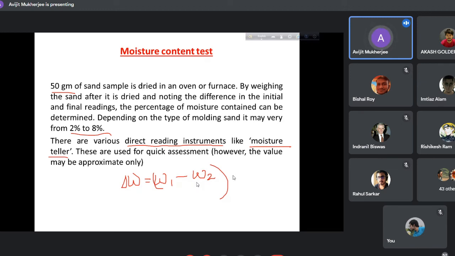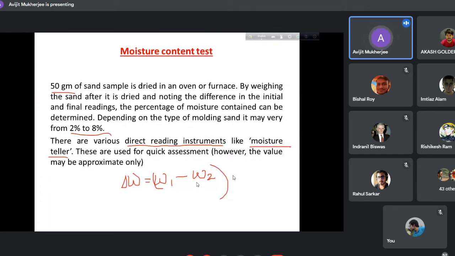On the cylinder there is a diaphragm containing some indicator, and the position of the pointer will be shifted. Why? Because as soon as you add calcium carbide to the sample, the sample contains water, so calcium carbide will react with that water. And we know CaC2 plus H2O readily reacts, and what will be generated? Acetylene, C2H2. Acetylene gas is very light, it will apply pressure on the diaphragm and the pointer will be rotated.